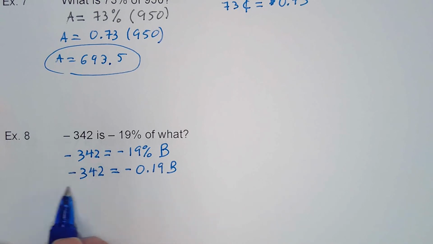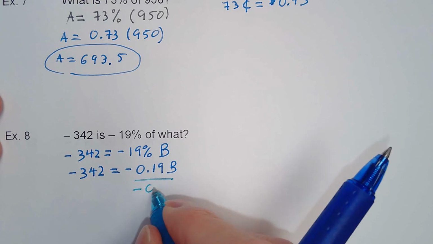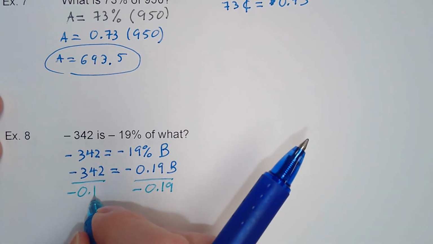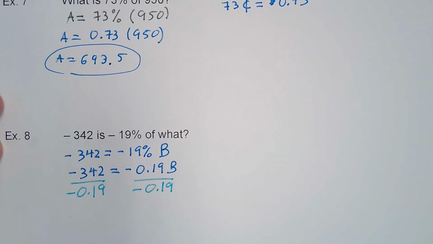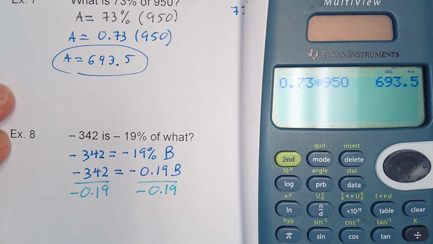I've got a negative 342 on this side and then the negative 0.19 on this side next to B. So to solve this, we need to divide both sides by that negative 0.19. So we're going to take that 342 and divide it by a negative 0.19. And that gives us B equals 1800.